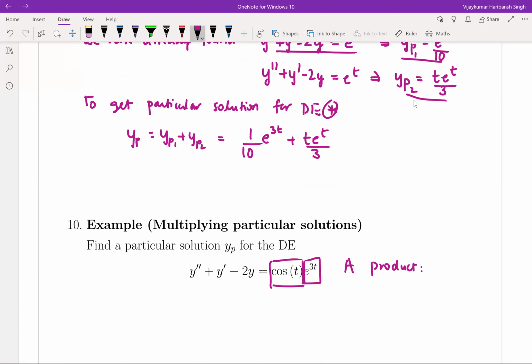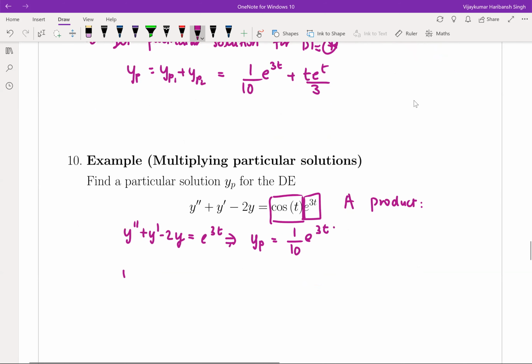So we already know for the individual ones, y double prime plus y prime minus 2y equals e to the power 3t, we have already found yp equals 1 by 10 e to the power 3t.